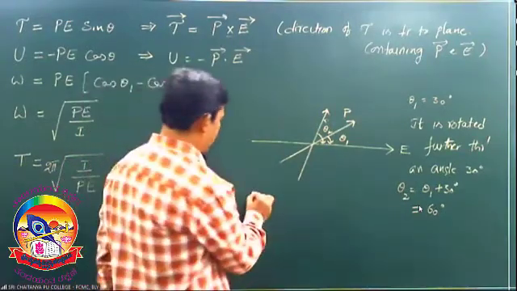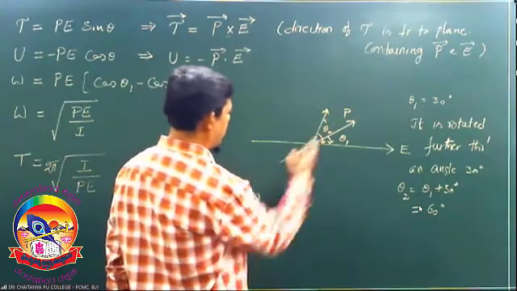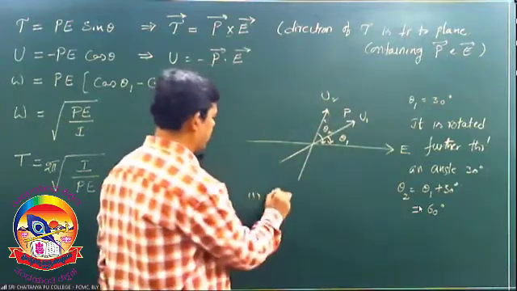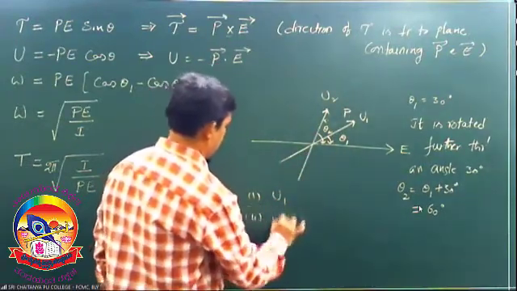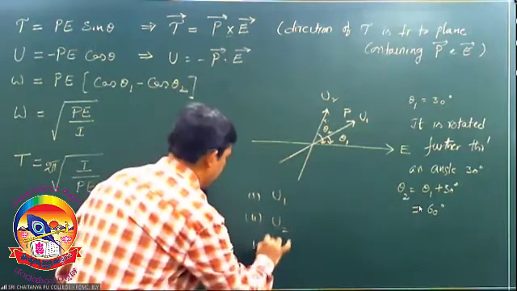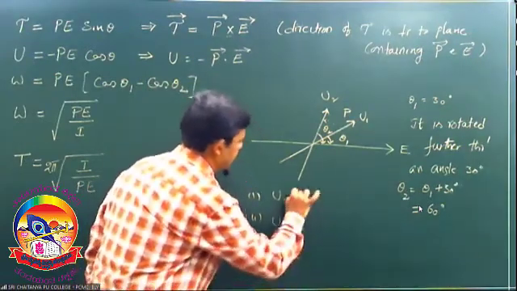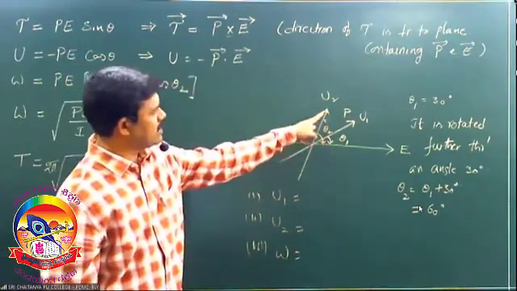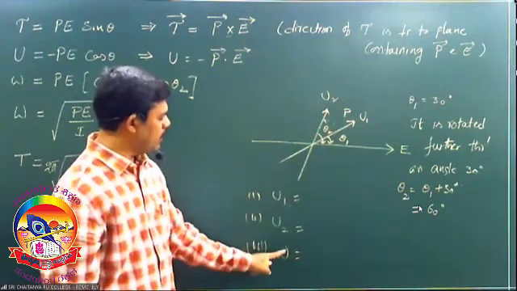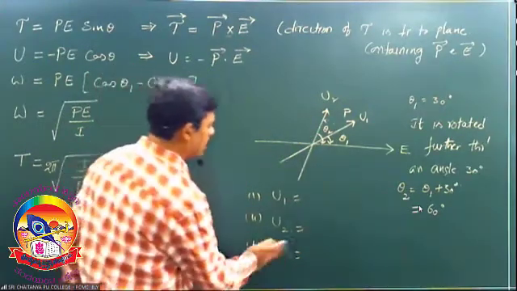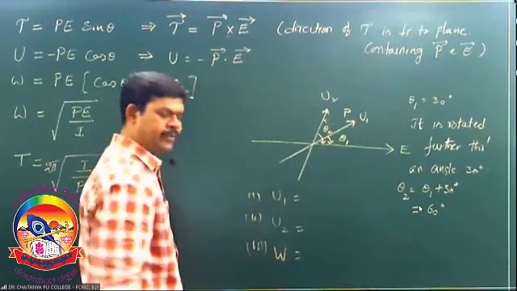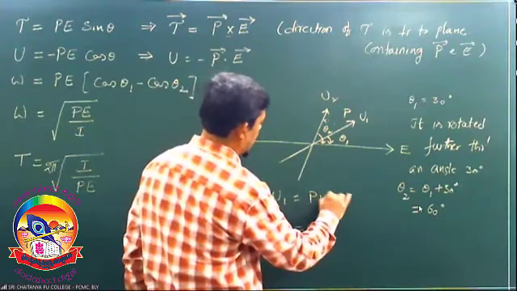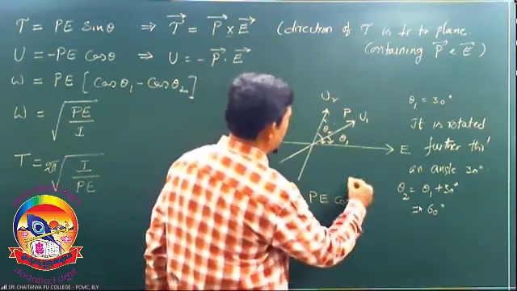So they may ask: at the first position, what is the potential energy? At the second position, what is the potential energy? And what is the work done to rotate? Potential energy at the first position, if P is known, E is known, is minus PE cos theta 1.